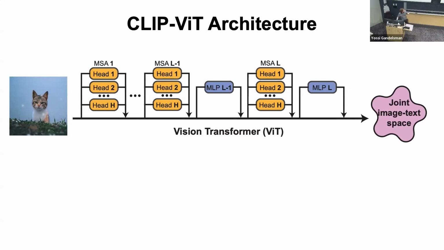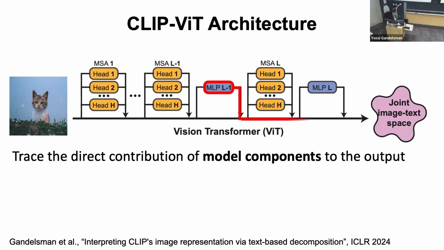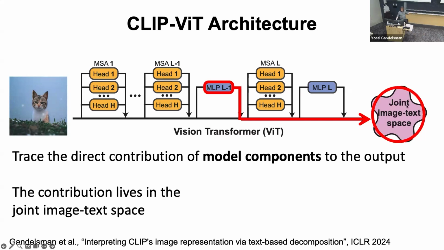So what we did is take an individual component and trace its contribution to the output space. You can think of it as computing the representation with this component and without this component, just by cutting the edge that this MLP is contributing. Now, when you look at the difference between the representation before and after, the difference is also a vector that lives in this joint image-text space.